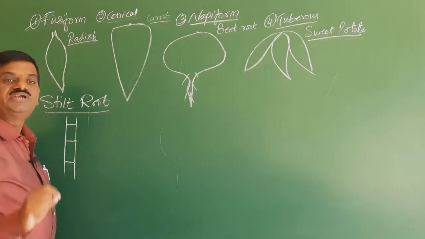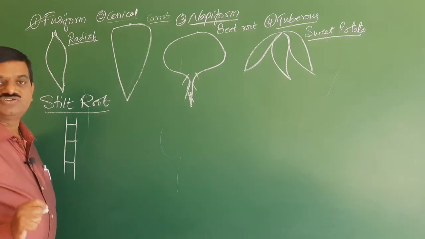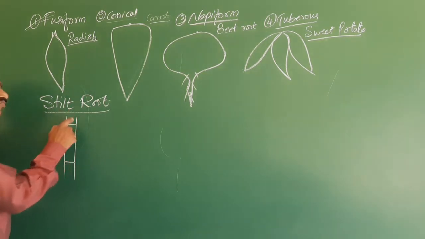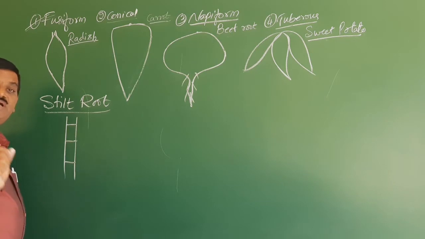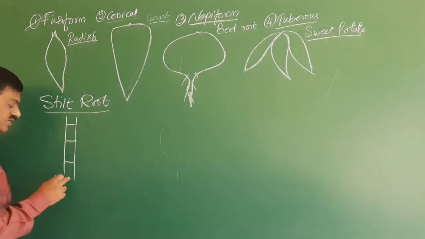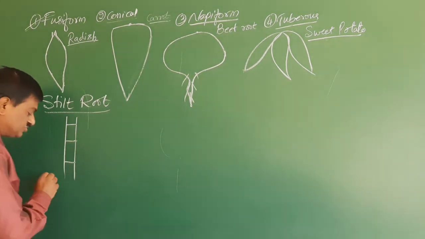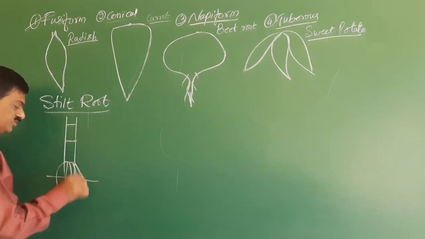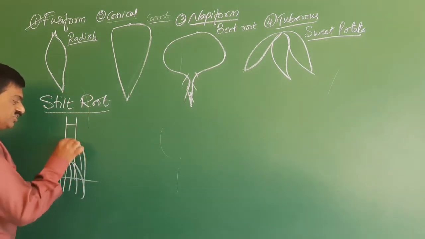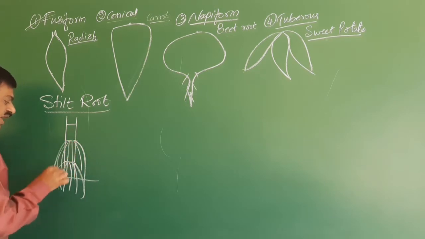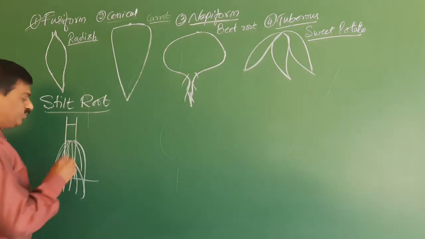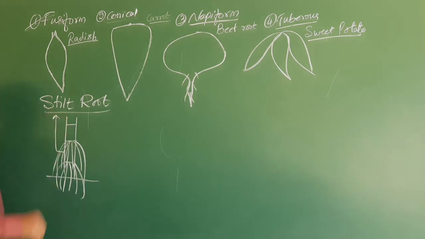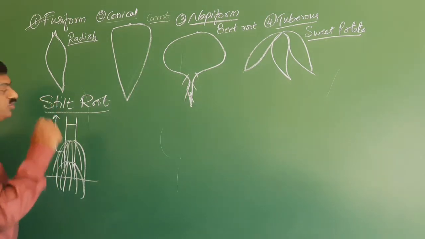For example, it arises at the nodal region of the stem. In sugarcane or maize, towards the lower side there is a presence of fibrous root, but from the nodal region roots are produced, and this gives mechanical support. These roots are called stilt roots.